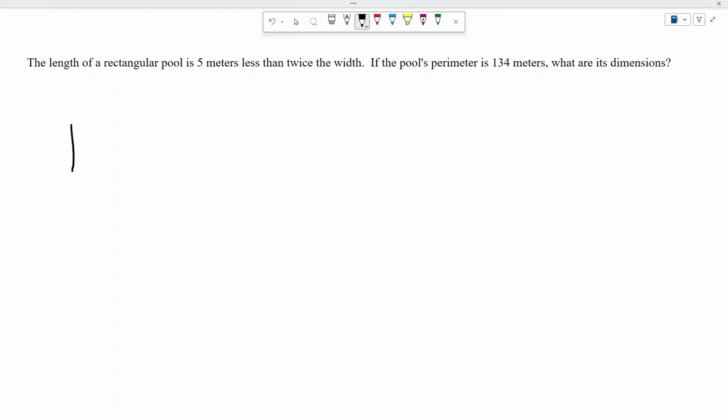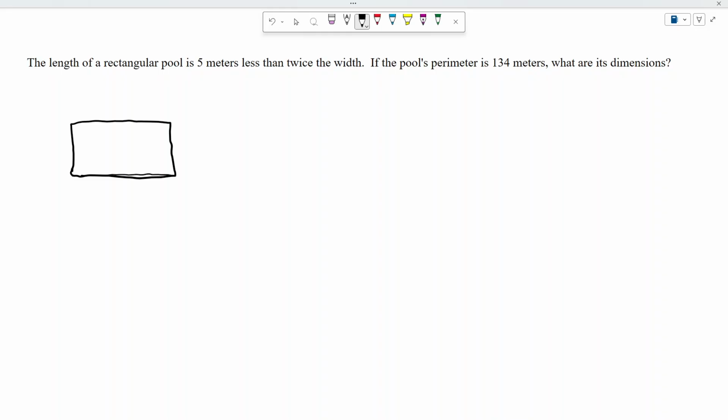Well, let's definitely start out by throwing a drawing up here. So it's telling us that the length of a rectangular pool, so we're dealing with the long side here, the length is 5 meters less than twice the width. If the pool's perimeter is 134 meters, what are its dimensions?